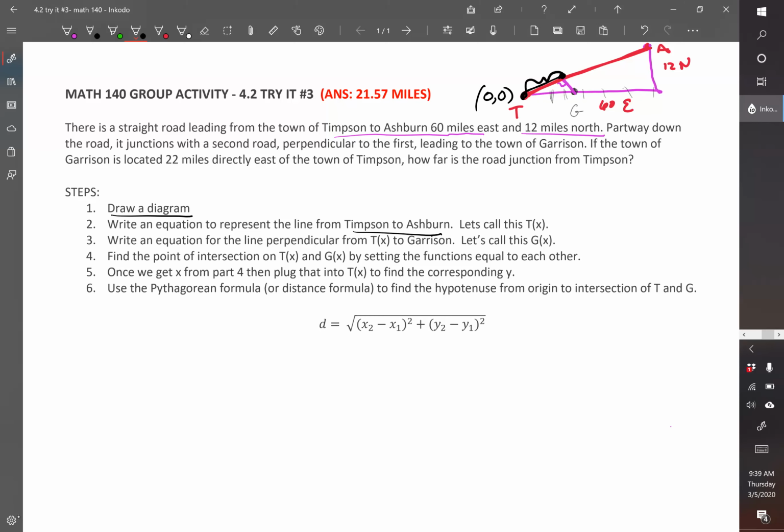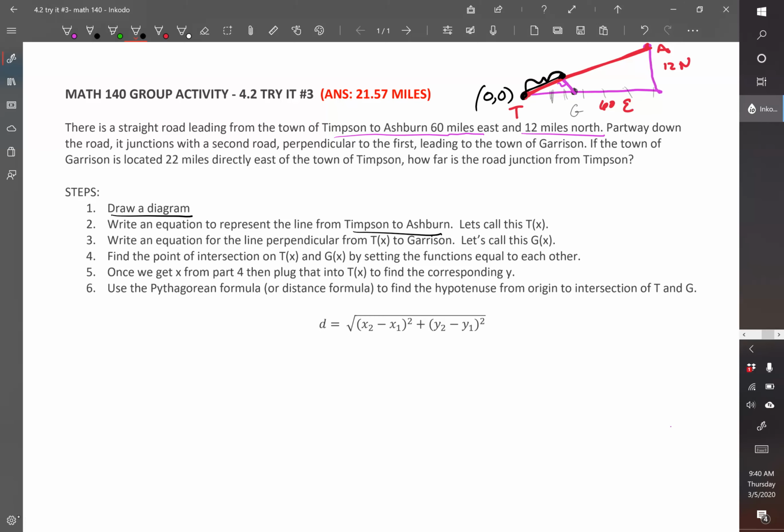So if we can get this red line here from T all the way up to A, if we get the slope on that, we know the y-intercept, then we can find the equation of the line that's perpendicular, because we know about slopes of perpendicular lines, and we can get that equation.